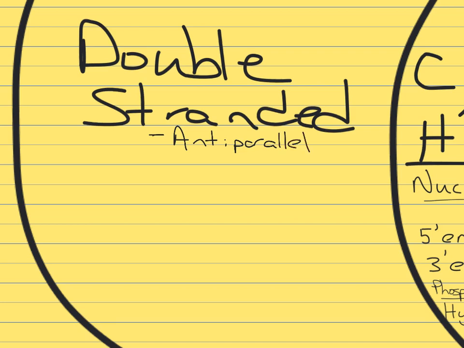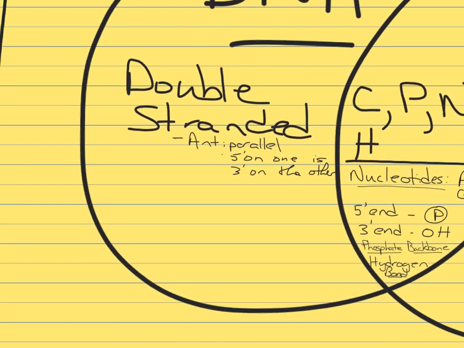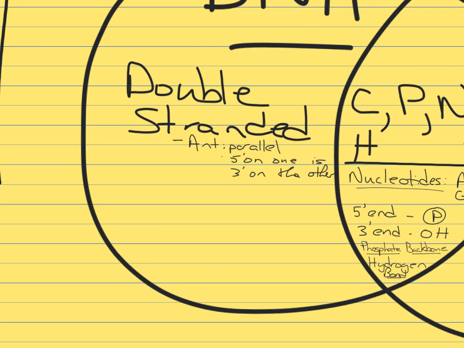That means the 5' on one strand is attached to the 3' on the other. All right? That's anti-parallel, it's double-stranded, okay. Hydrogen bonds hold them together.